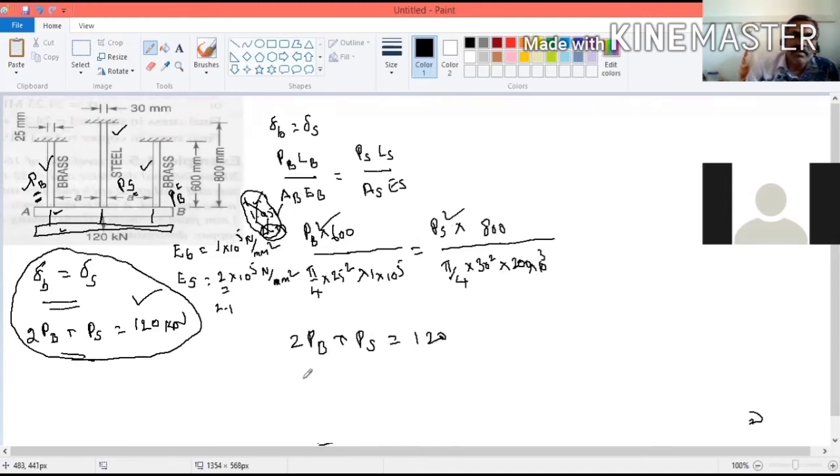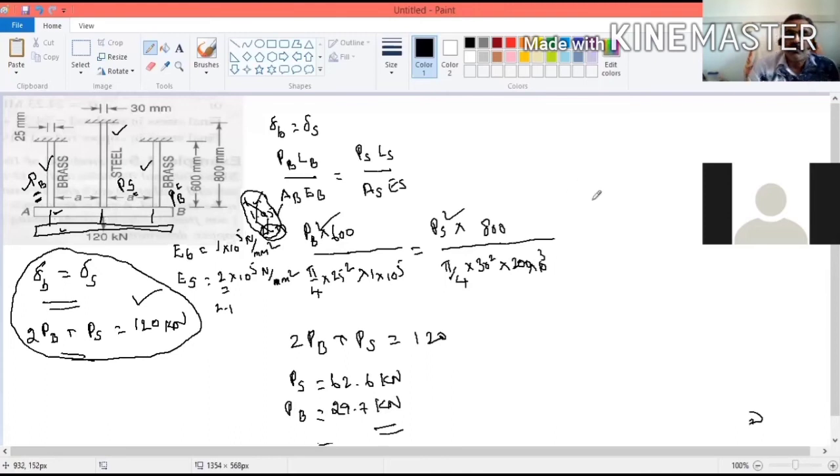Then you can calculate the value of PB. What is the value of PS and PB? You will get PS is equal to 62.6 kilonewton and PB is equal to 29.7 kilonewton, right?